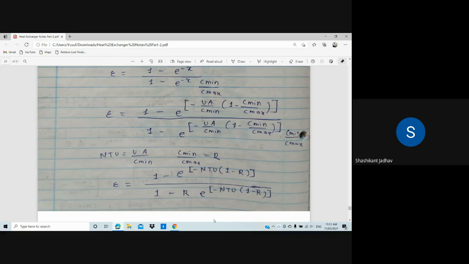So in this equation, instead of C minimum upon C max, we have to put the value as R. And instead of U into A divided by C minimum, we have to put the value as NTU.